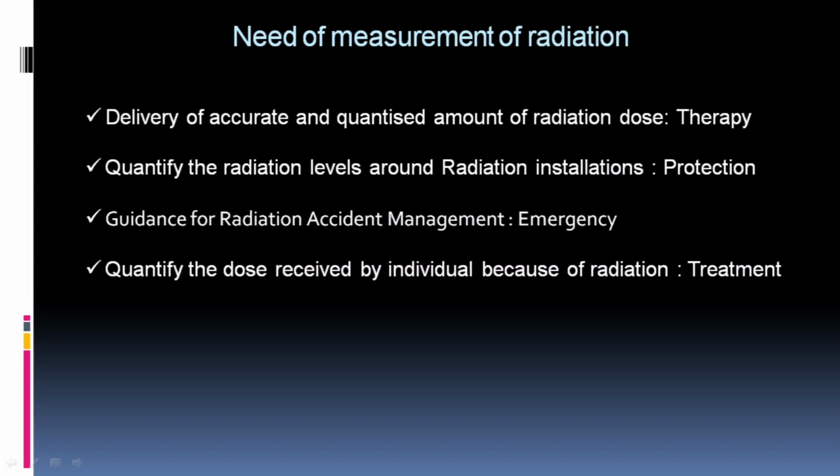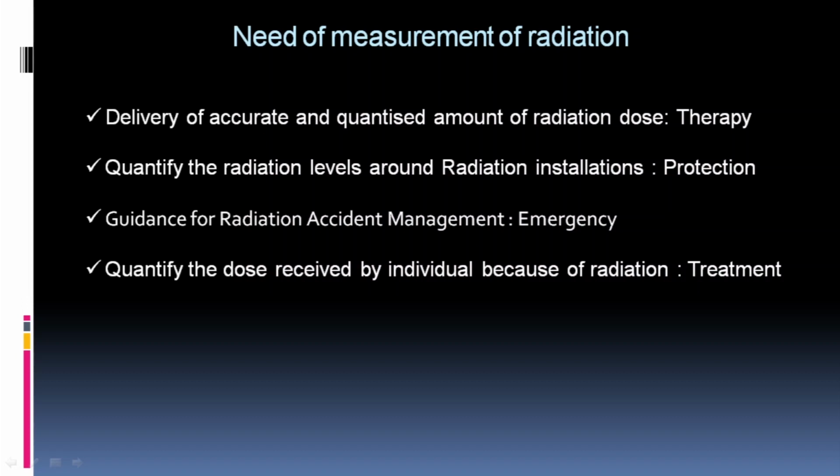So, we need to quantify the radiation level around these radiation installations to protect the public and to protect the radiation worker. So, there is a need of measurement of radiation for protection purposes. Sometimes because of some mishap, a radiation accident happens, and to manage this type of radiation accident emergency, we need to measure the radiation level.